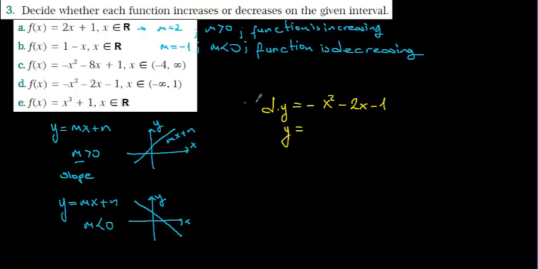Why should this question be chosen? Because it's easy to draw the graph of the question. y is equal to minus (x squared plus 2x plus 1), which is y equal to minus (x plus 1) squared. If you remember, this plus 1 is going to affect the graph: we are going to move the x squared graph 1 unit left, and the graph is going to be in this form.